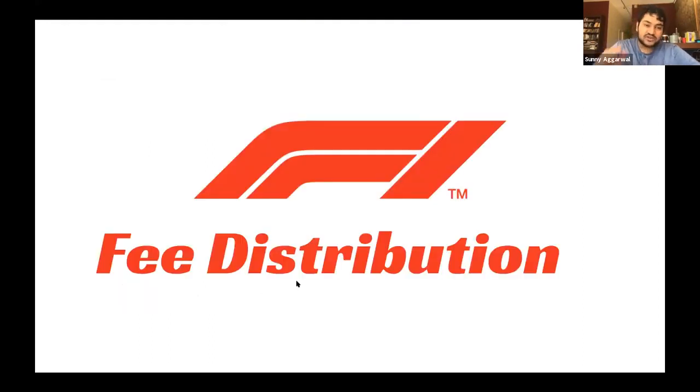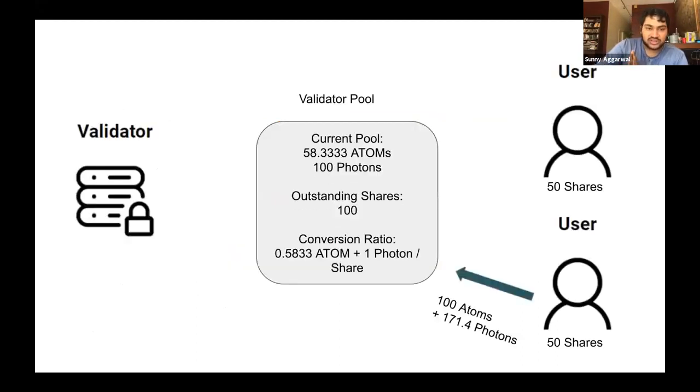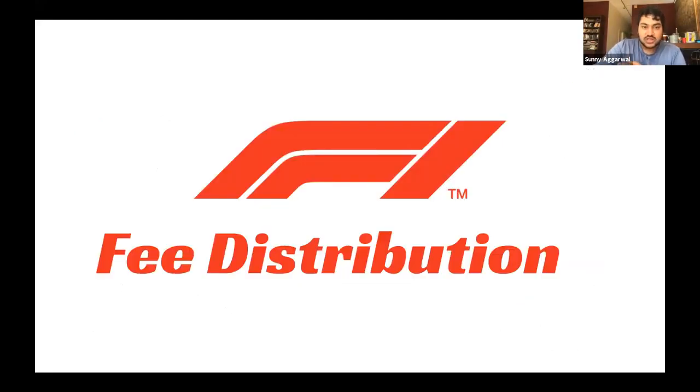What the F1 fee distribution does essentially is it keeps track of what happened for a specific validator. Rewards are not automatically rebonded. In the voucher system, this is essentially auto rebonding rewards, but in F1 it doesn't auto rebond the rewards.